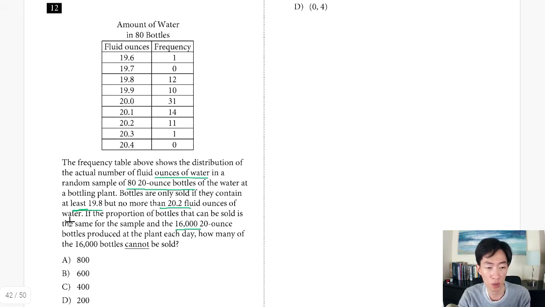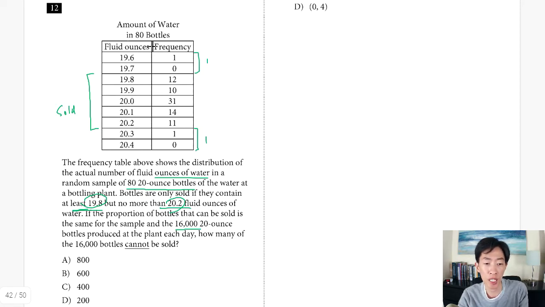So that's a lot of words. All right, what's the important information? Bottles are sold only if they contain between 19.8 and 20.2. So we're looking at this interval right here. These are the bottles that are sold, which means the bottles that cannot be sold, because that's what they're interested in, is up here. So that's a total of 1 and 1, which is 2.